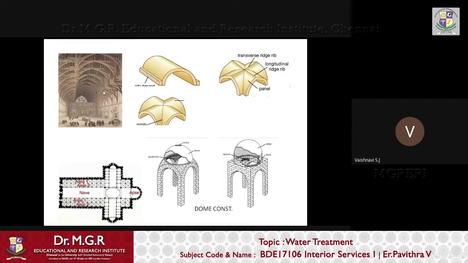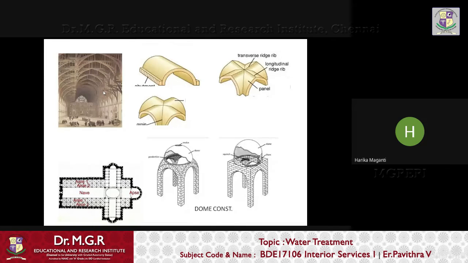Okay. So next I'm going to ask what these types of vault are. First one is what vault? Barrel vault, ma'am. Correct. Who is that? Vaishnav, ma'am. So 1 mark. Next one, the one below the barrel vault. Groin vault, ma'am. Right. Who is that?